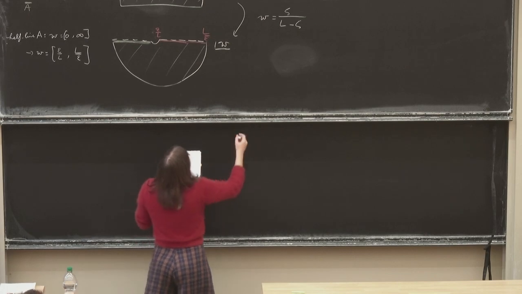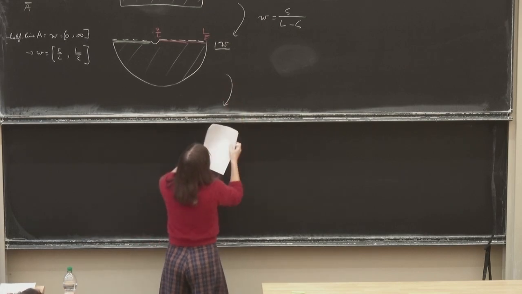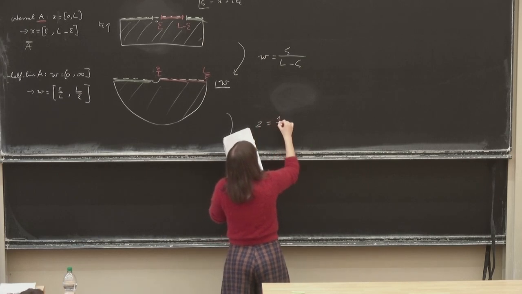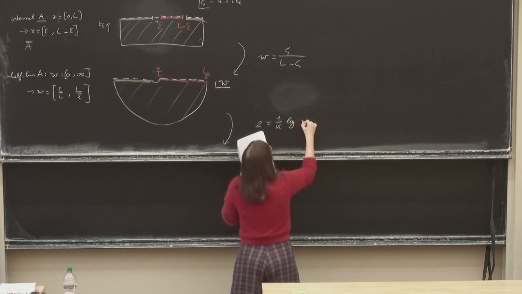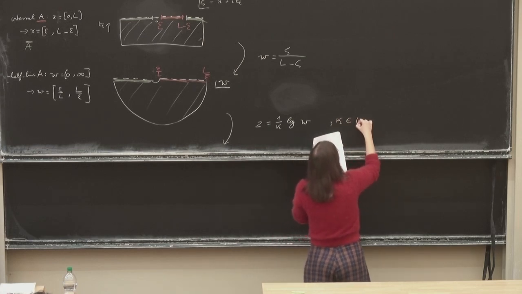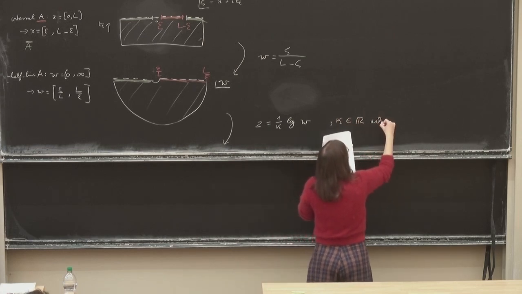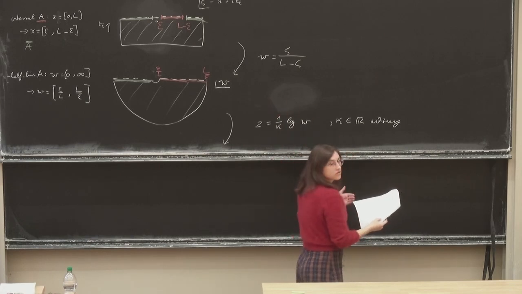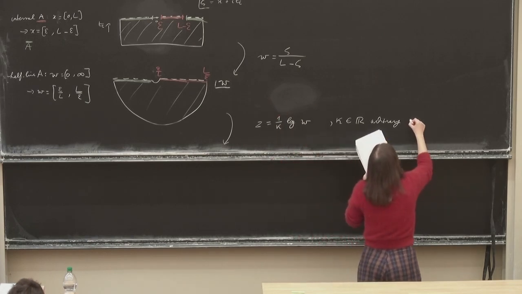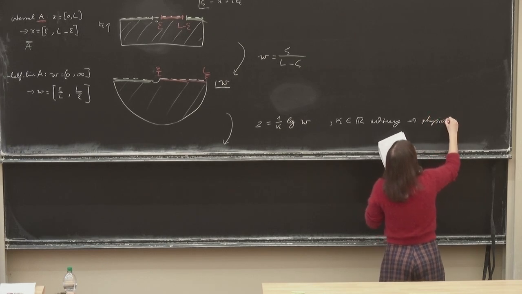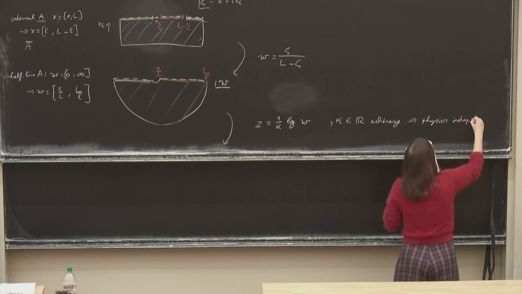So now the next map is going to be that I take Z to be equal to 1 over kappa, the log of W. So kappa is now just a number that I'm introducing. It's an arbitrary real number that we introduce in this conformal map. So since it's arbitrary, we'll need the physics to be independent of kappa, okay?